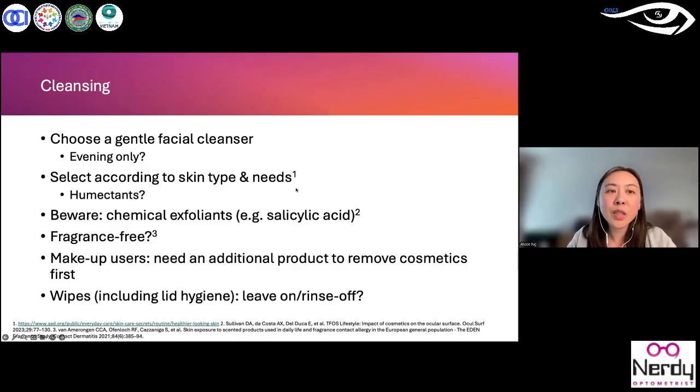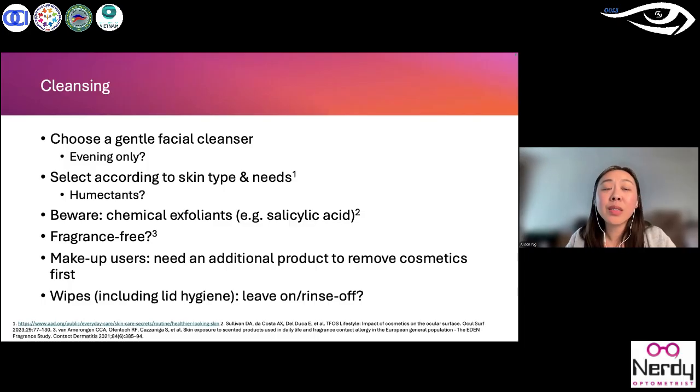The dermatologist would always say to the patients, select according to your skin type and what your skin needs are. What this often means is that some of our perhaps teenagers or some of our acne-prone patients might prefer to use a cleanser that has some chemical exfoliants, such as salicylic acid. And unfortunately, that can have some knock-on effects onto the ocular surface if that gets into the eye.